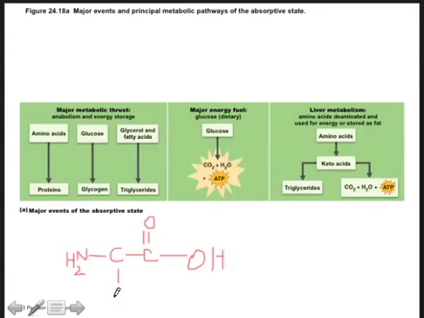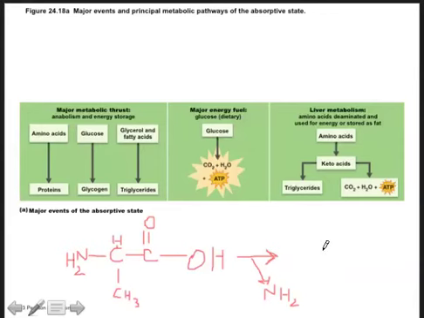Remember that the R group on an amino acid can be any of 20 different side chains, and that amino acids are grouped as either nonpolar, polar, or charged at neutral pH. Okay, so there is alanine. Now when we convert alanine into a keto acid, what we do is we remove the amino group and we generate now an alpha keto acid.